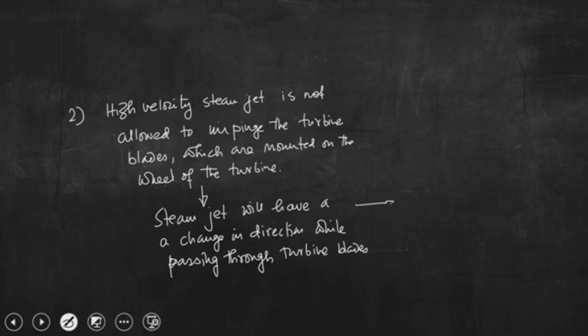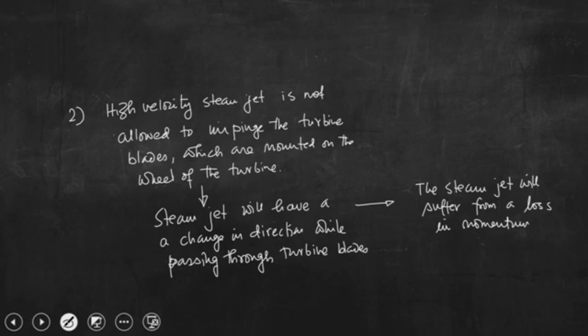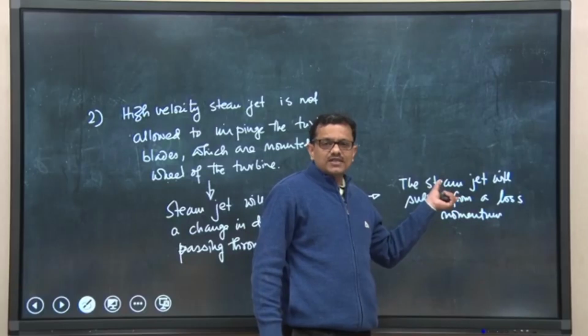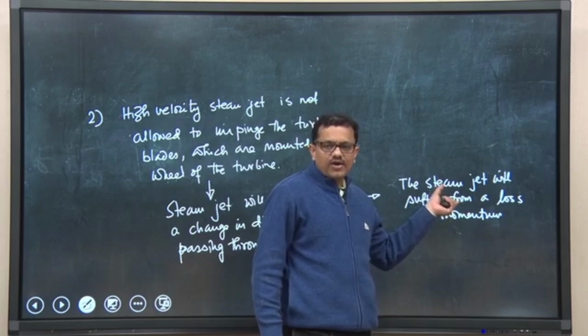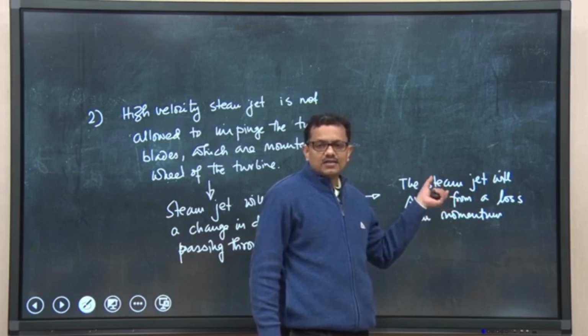Then the steam jet will suffer a loss in momentum. So, that means you know that the momentum of steam jet will be lost while passing through the turbine blades.